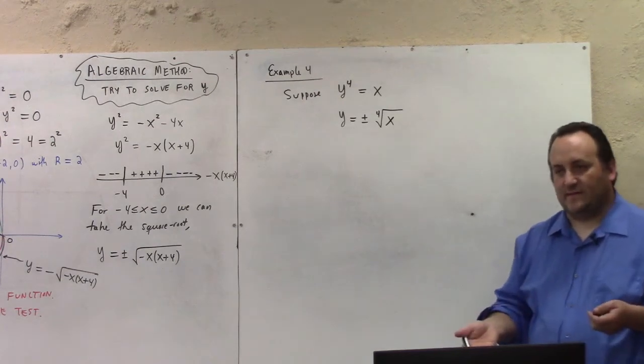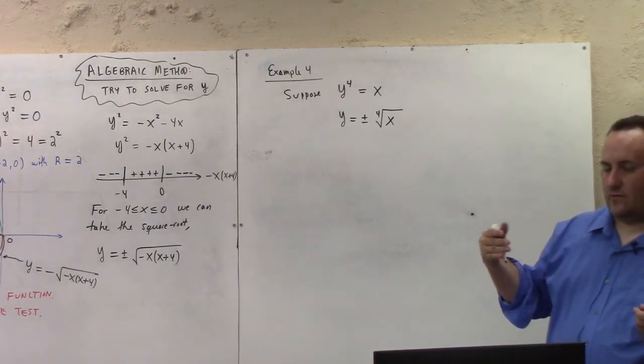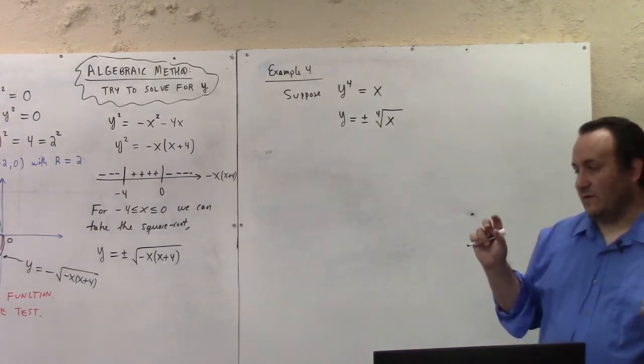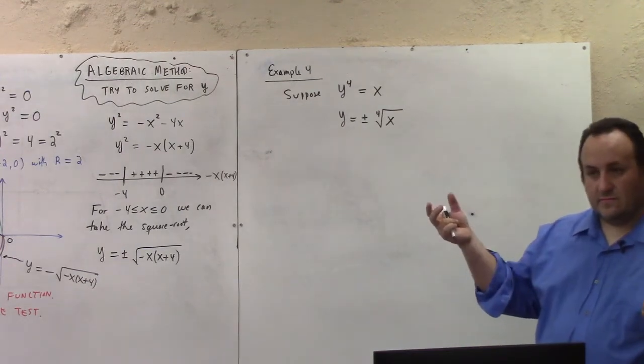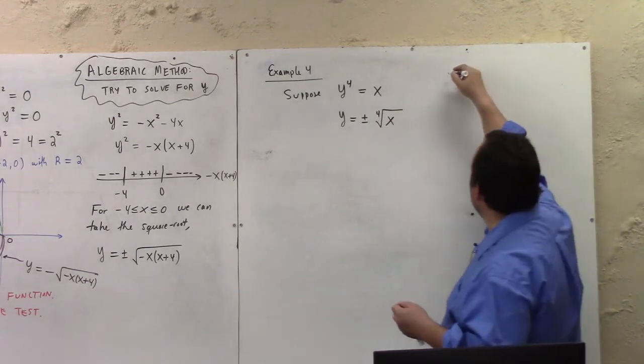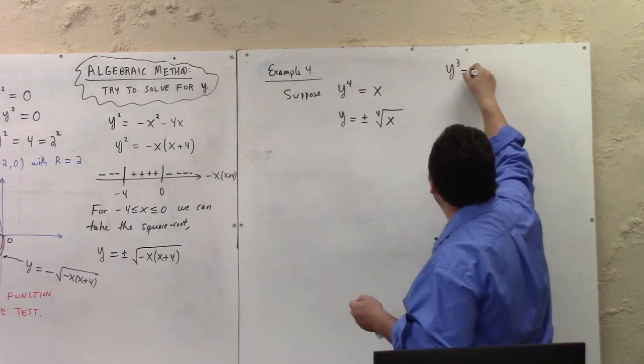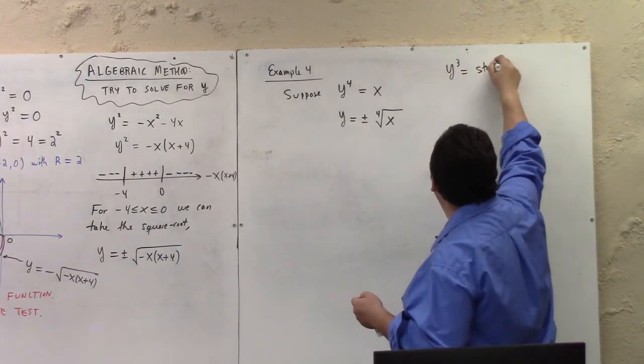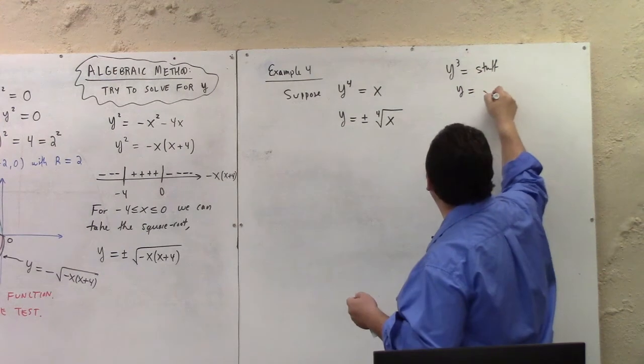You may have forgotten about this, but in the earlier sections or from your previous course, you should have learned that when you take an odd root, so if I have y cubed equals stuff, then the solution is just y equals the cube root of stuff.